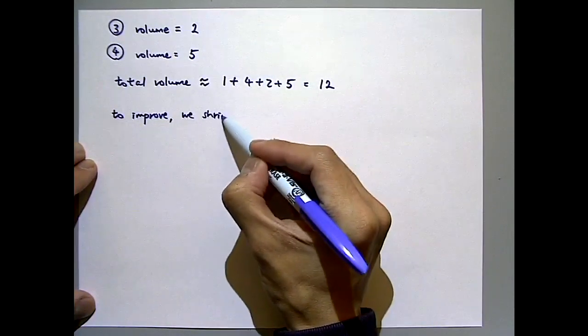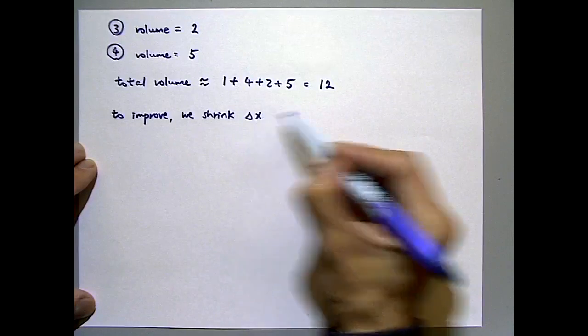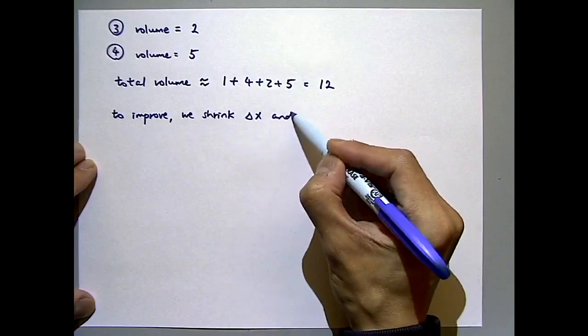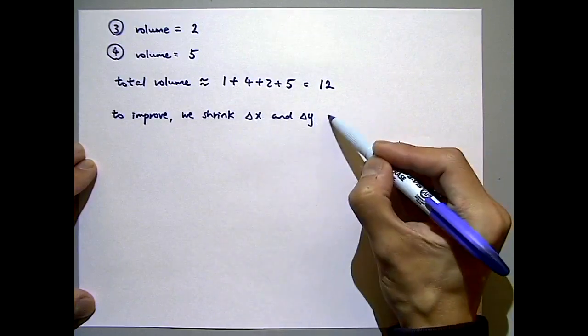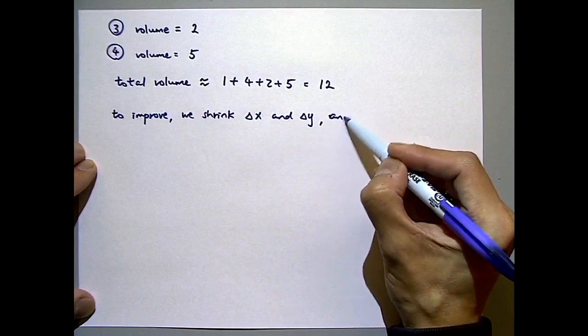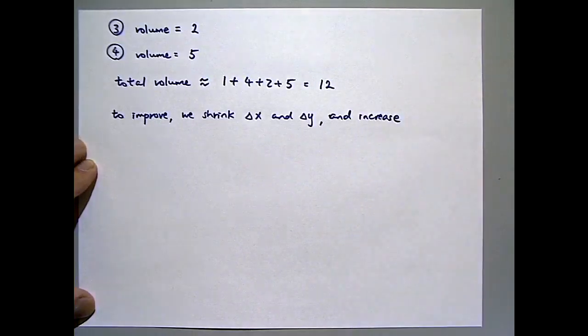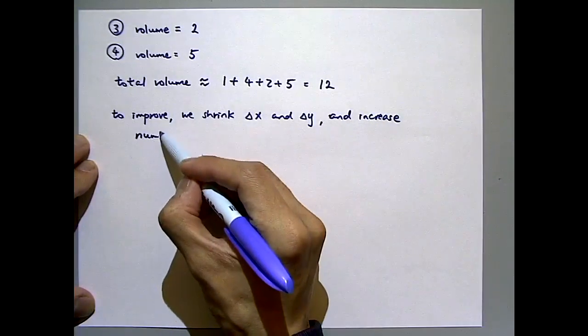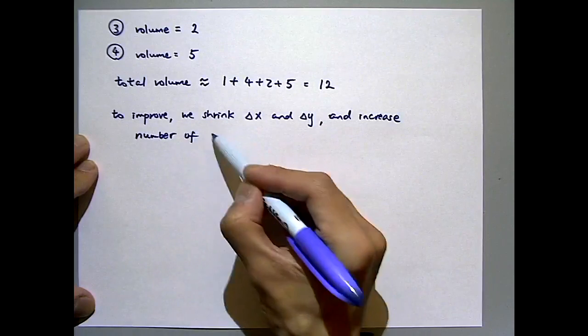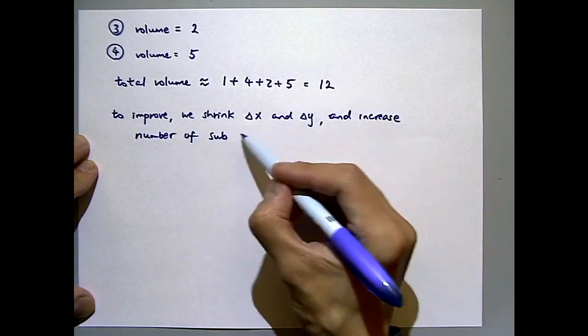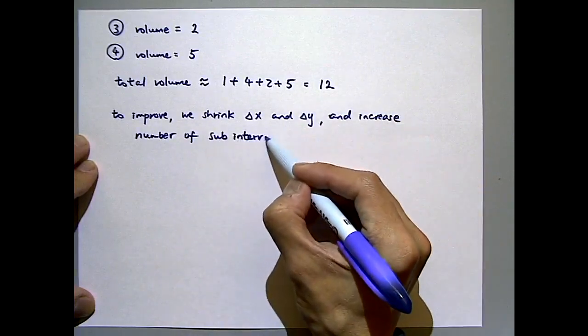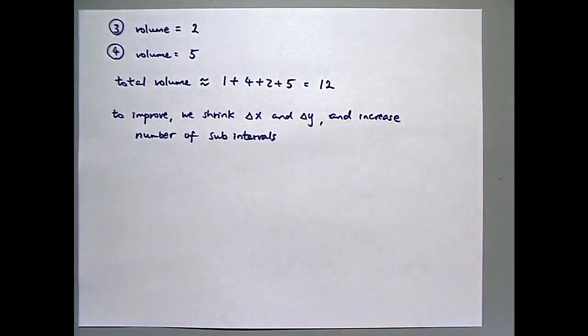Now, just like the one variable case, to improve, we're going to have to shrink delta x and delta y. And that, of course, results in increasing number of subintervals. Exactly the same concept we got earlier.